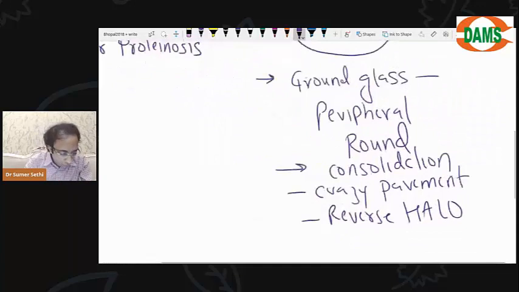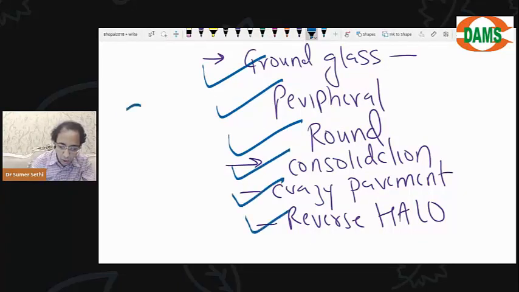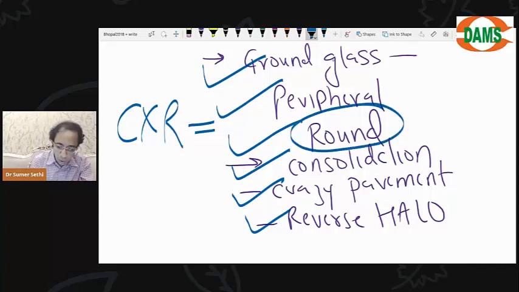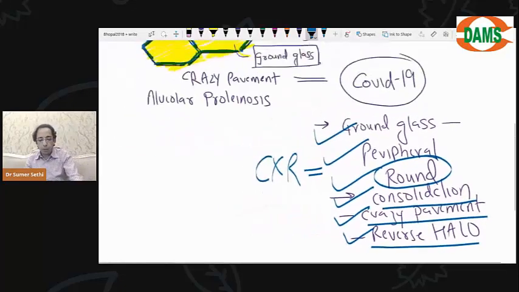Okay, so these are the words that you will hear when they talk about COVID-19 pneumonia. So these are all the possible chest X-ray findings in COVID pneumonia. Ground glass opacities, peripheral in distribution, round in shape, going on to consolidations, going on to crazy pavement or reverse halo appearance. Okay, so this is very important to remember.